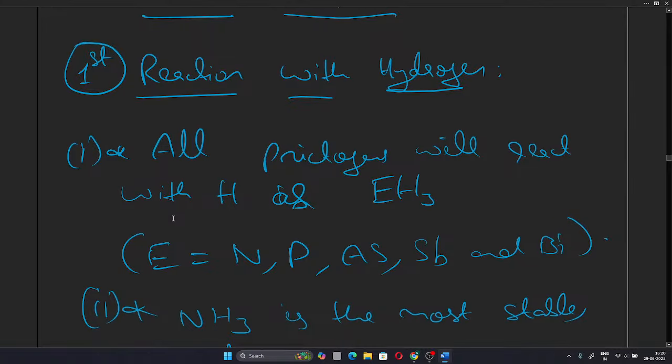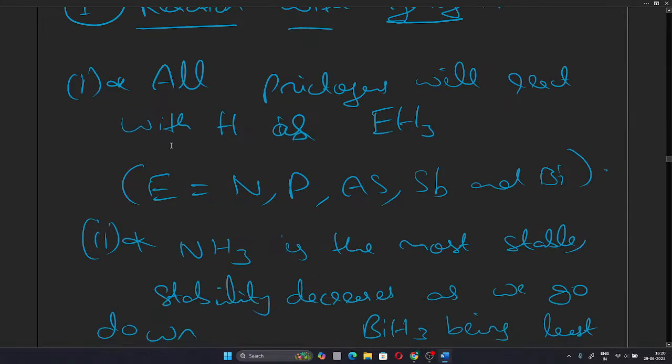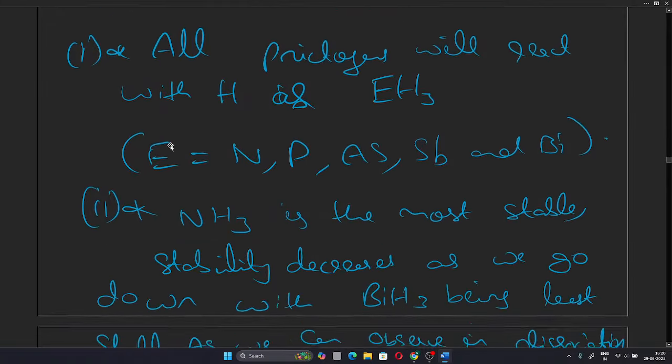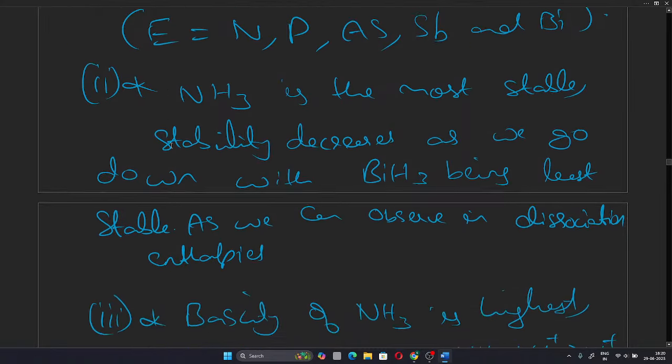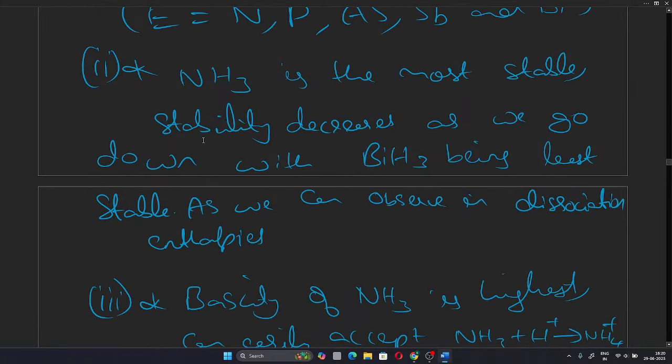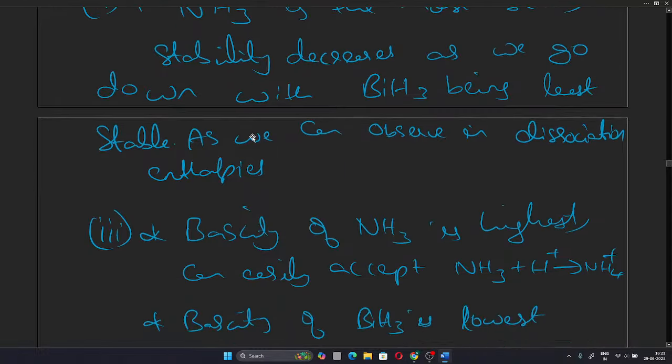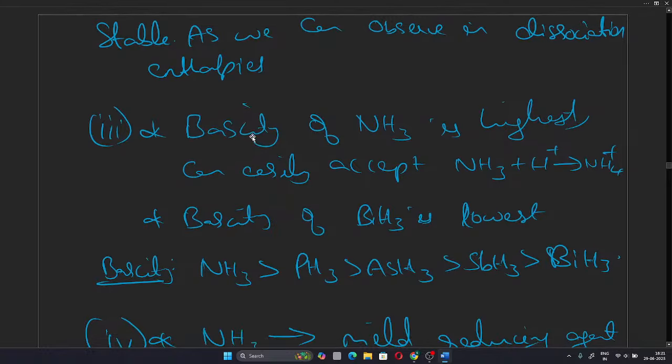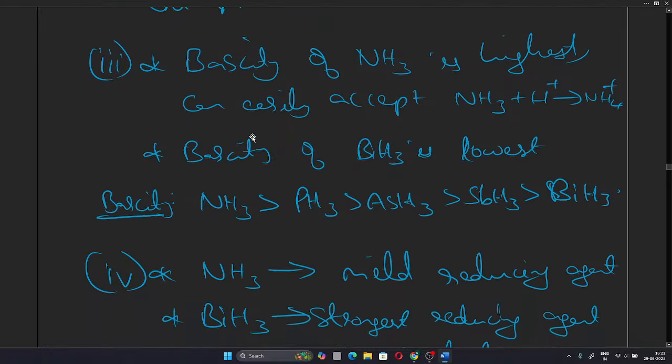Chemical properties, reaction with hydrogen: all the elements will react with hydrogen to give EH3, and ammonia is the most stable. Stability decreases as we go down, with bismuth trihydride being the least stable, as we can observe in dissociation enthalpies.